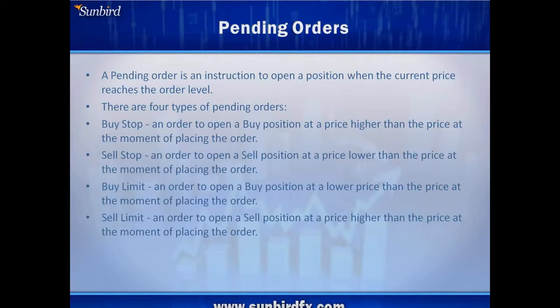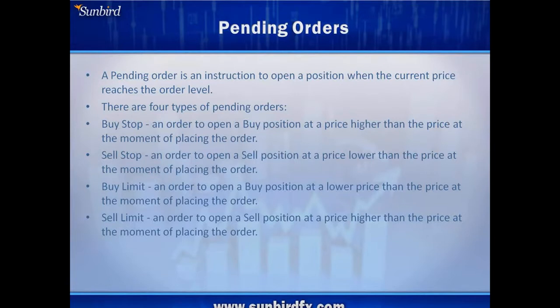Sell limit is the same thing. It's an order to open a sell position at a price that is higher than the current market rate. So if your current market rate is at 1.5, once it reaches 2.0, which is your sell limit, you go short. You go on the sell position.